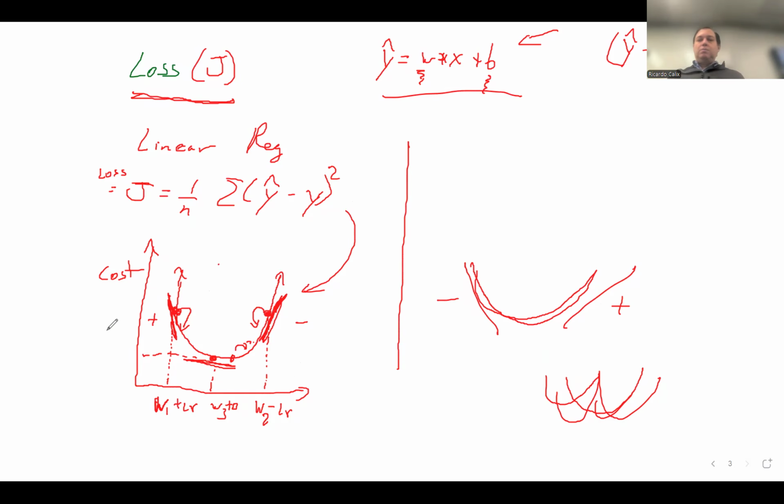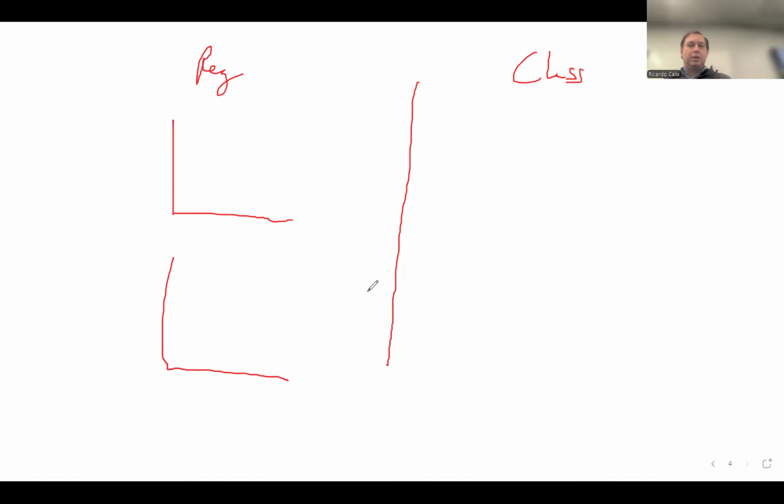Okay? So let's move on to a new one. So I can say then that for regression and for classification, we have two graphs each, right? For the data, we have the line that fits it.